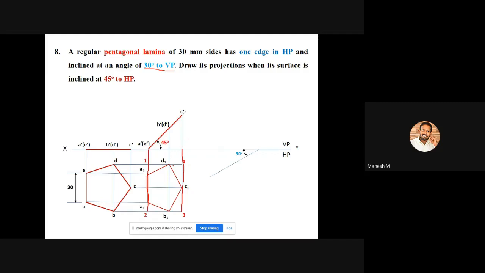Either you can assume the left side line or the right side line. It is your own choice. So I am going to choose this line, that is 30 degree to the VP.